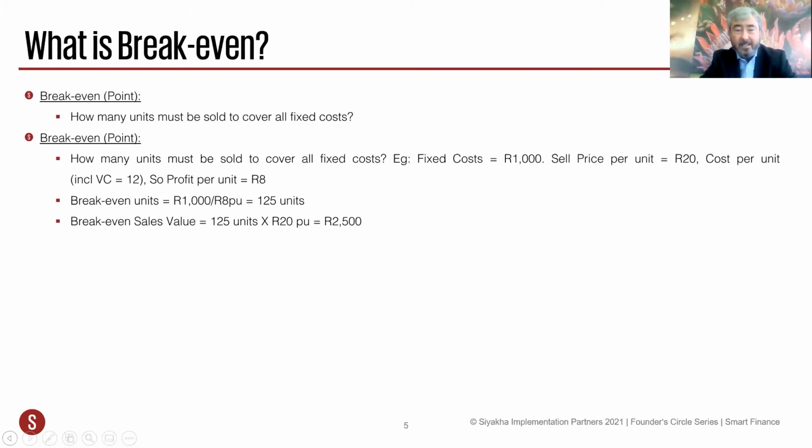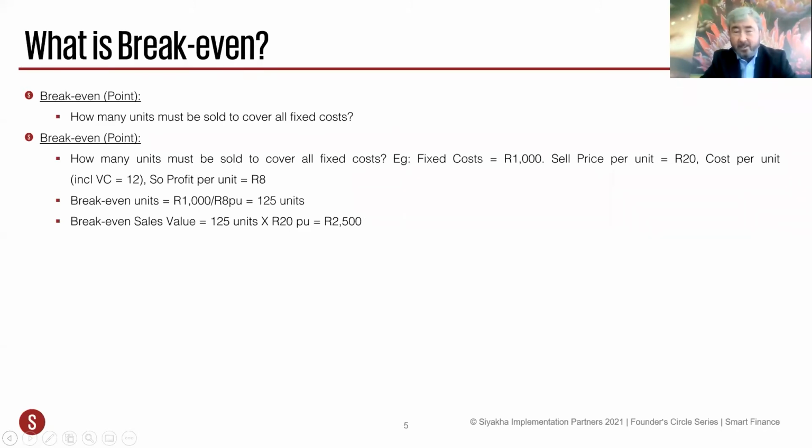The easiest way to explain it is probably through an example. Let's say our fixed costs are 1,000 Rand, and that our selling price of each unit is 20. And then we do a whole costing exercise that says our cost of goods is 8 Rand, and our variable cost that we can allocate to that cost of goods is 4 Rand.